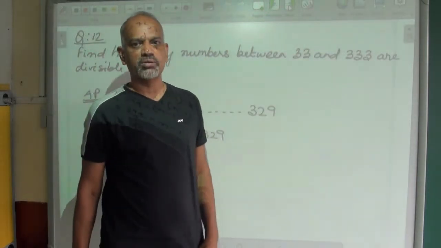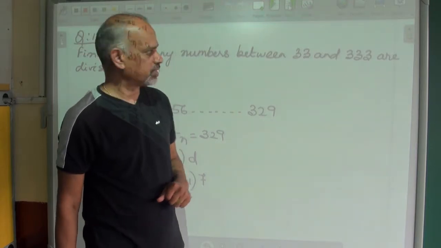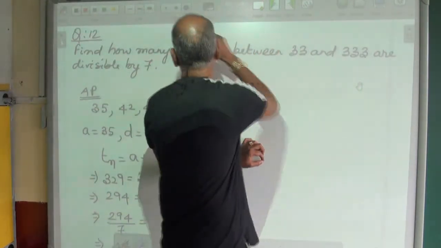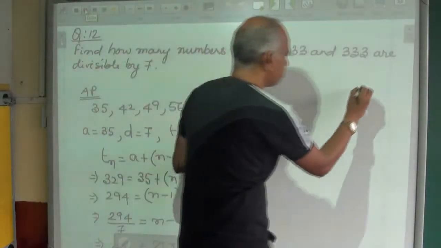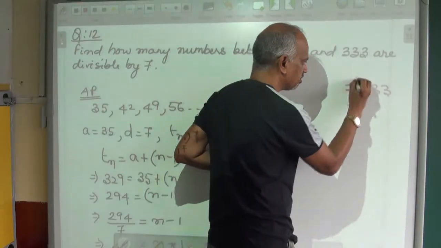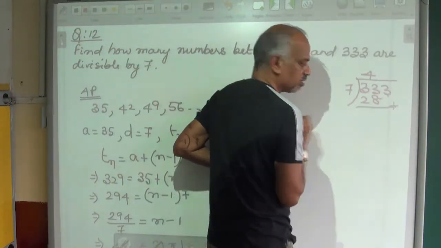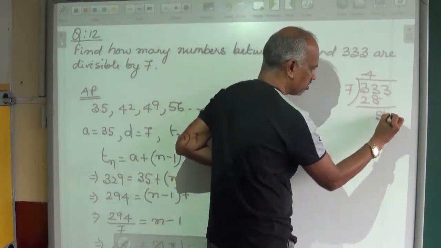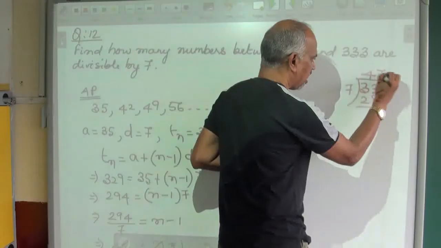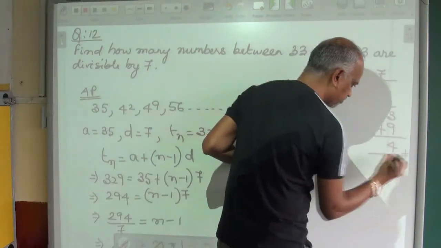Now to find out which is the last number which is divisible by 7. For that, take the 333 and start dividing by 7. 7 fours are 28. Remainder is 5. 3 comes down. 7 sevens are 49. 4 is there.